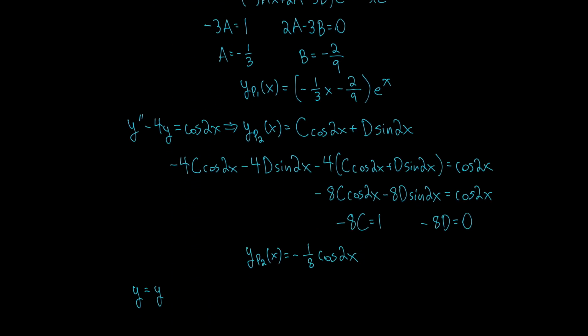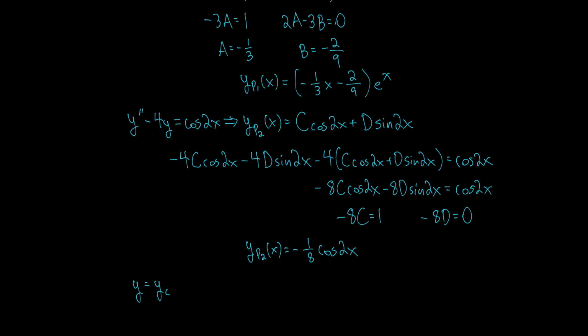And it's not the hardest thing to prove, but we'll just take it for granted. So we have yc plus yp1 plus yp2. So that's c1 e to the 2x plus c2 e to the -2x minus 1/3 x plus 2/9 e to the x for yp1, minus 1/8 cosine 2x for yp2.